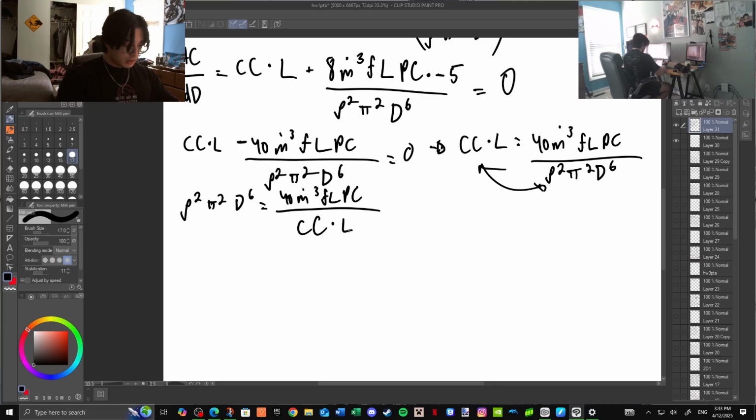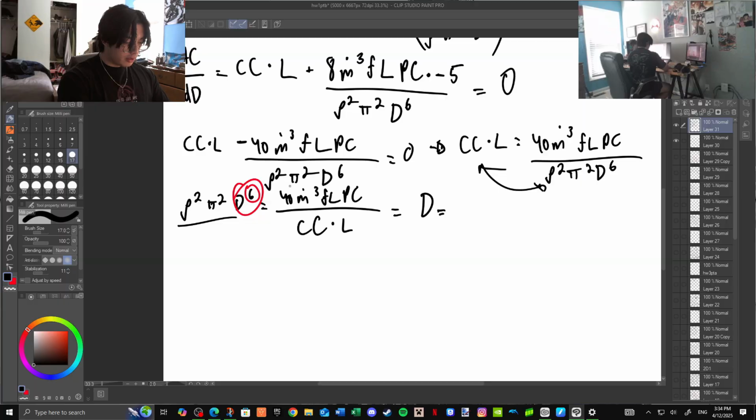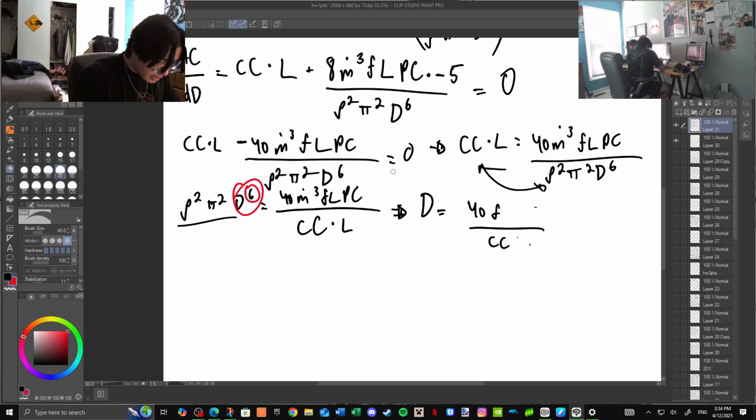And so now we need to isolate D and also get rid of this sixth power. So to do that, we're going to take these two variables and move them to the other side again. And doing that, you'll get 40 friction factor times L times PC over CC times L, but you'll notice that the L's do cancel out. I just noticed that. So no need to worry about the L's anymore.